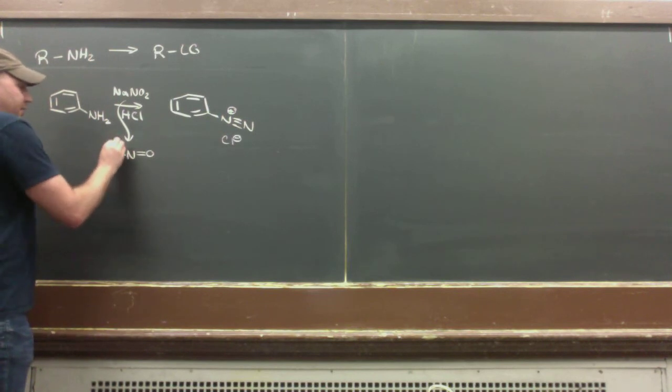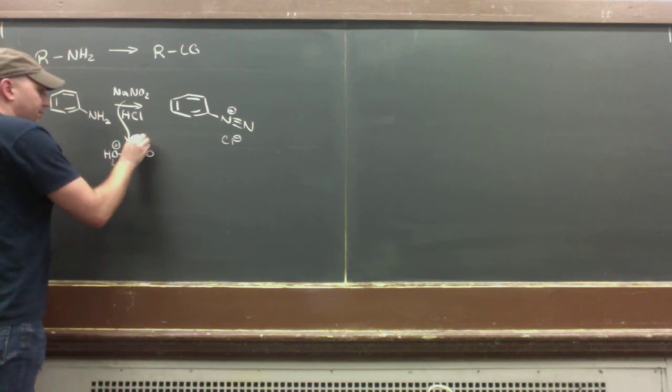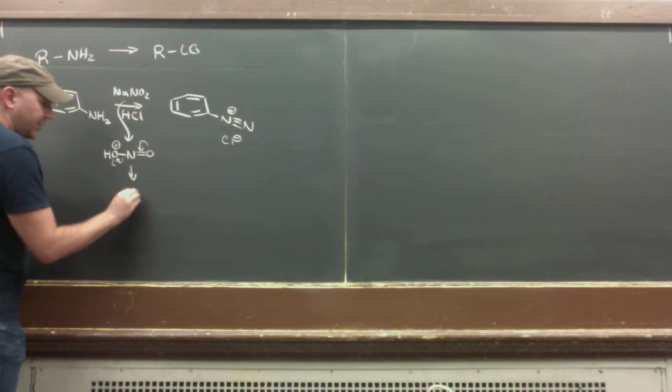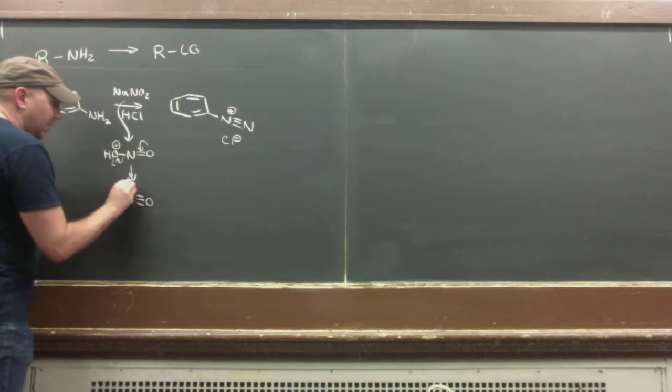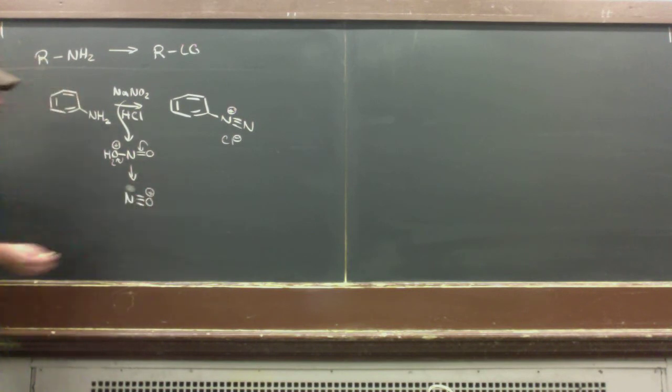One possibility would be to draw it in this form, have a group leave and have your electrophilic species be this molecule here.